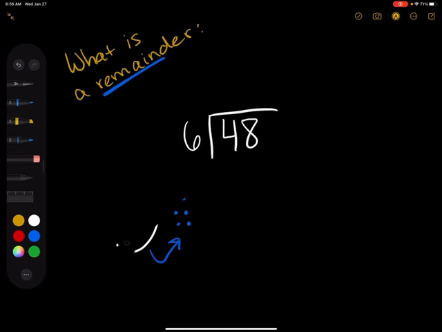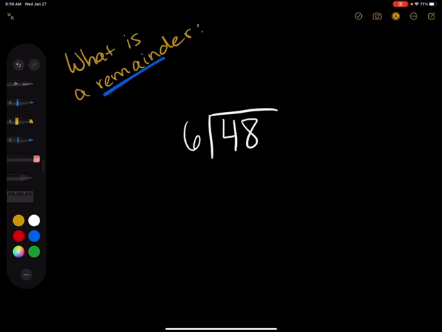So we're going to move to the next number, which is 8. When we moved to the next number, we were first looking at just the 4. Now we're looking at the 4 and the 8. Now I ask myself, how many groups of 6 could I put into 48?